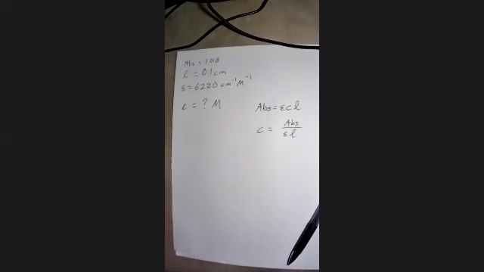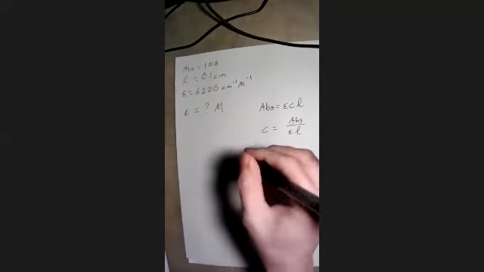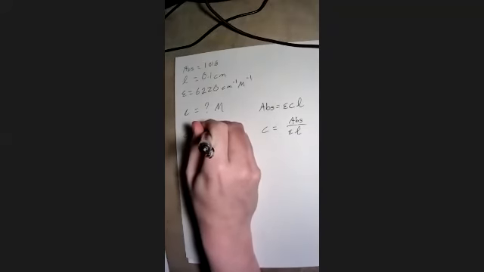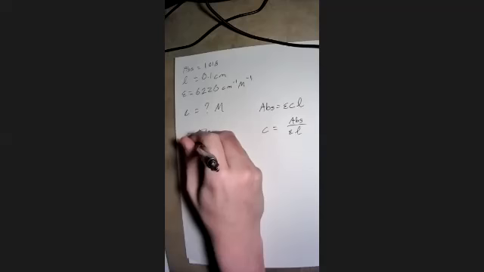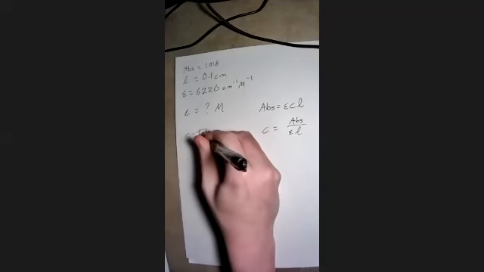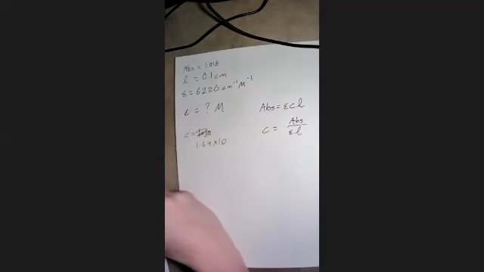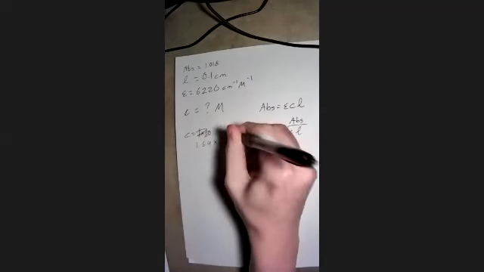Plug and chug, 1.018 divided by 0.1, then divided by 6220. All right, I got concentration is equal to 1.64 times 10 to the power of -3.